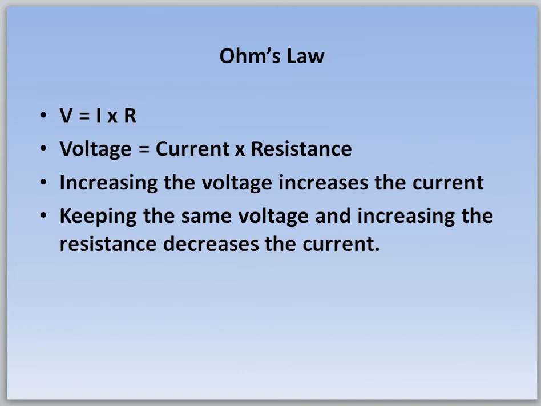Well, Ohm's law is a fairly simple law, and it defines the relationship between voltage, current in amps, and resistance within a circuit, and we can actually calculate the current or resistance if we know the other values. We can calculate the current if we know voltage and resistance.